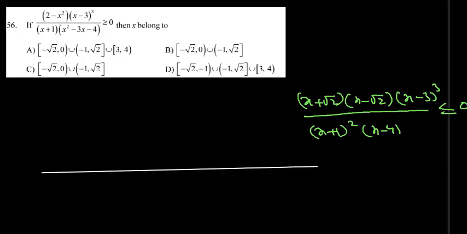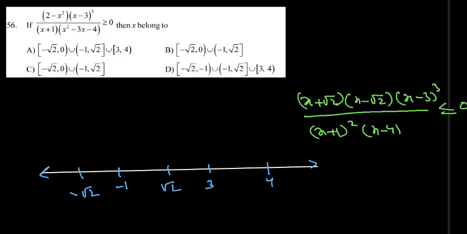Directly draw the number line, identify the zeros of each bracket. Somewhere 4 here, after that 3, after that root 2, somewhere minus root 2, after that minus 1 somewhere here.